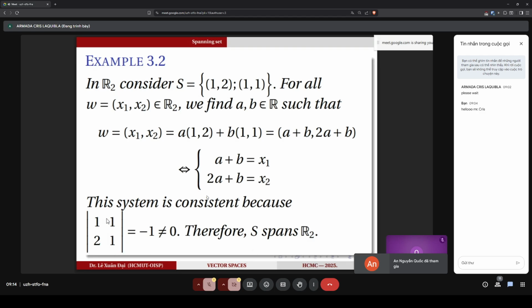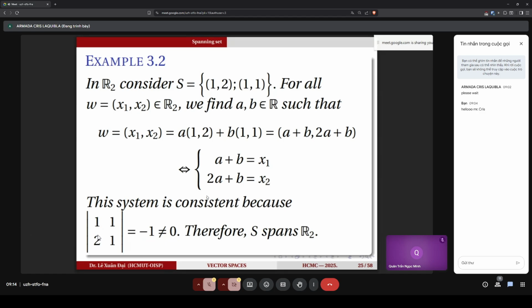So here the determinant is 1 times 1 minus 2 times 1. The answer is negative 1, so the answer is not 0. Therefore, S spans R2. We have a result that if it's equal to 0, it will not span R2. If the determinant is not equal to 0, it will span R2.